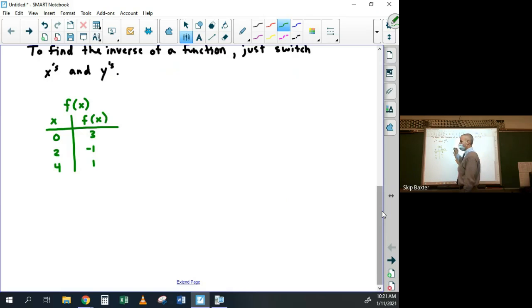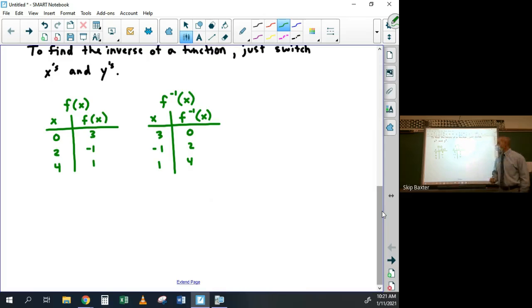Then the inverse, and you should know that the symbol for inverse is just like negative 1 power, f inverse of x would be (3, 0), (negative 1, 2), (1, 4). I just switched x's and y's. So this symbol right here means inverse of f of x.